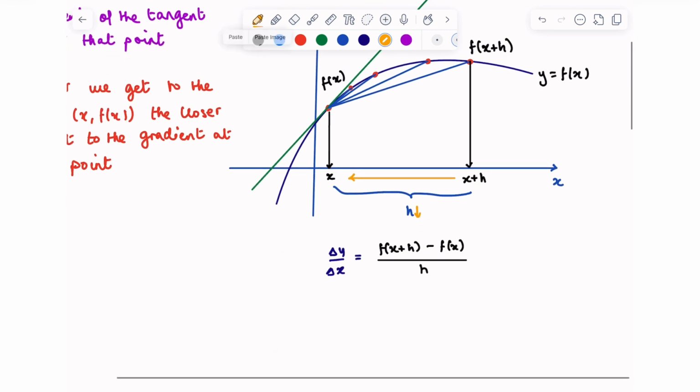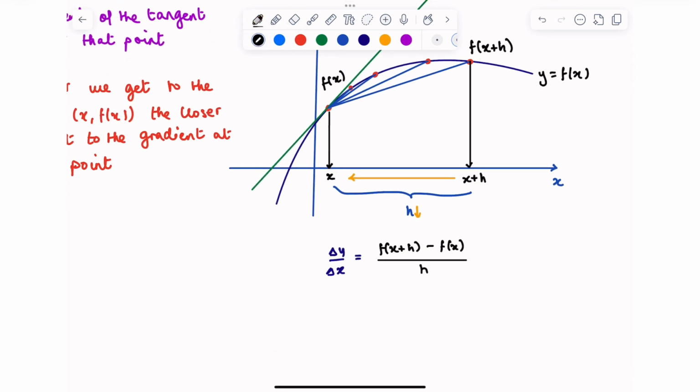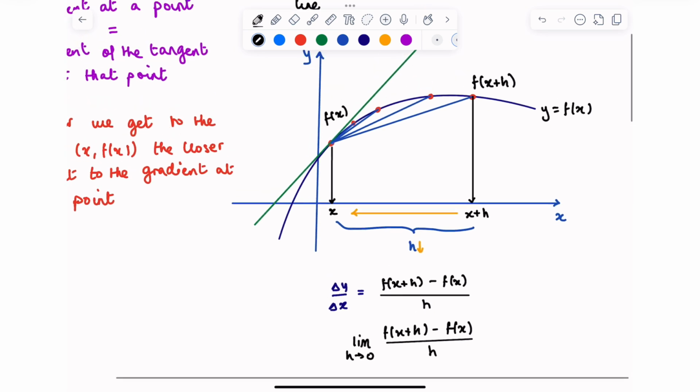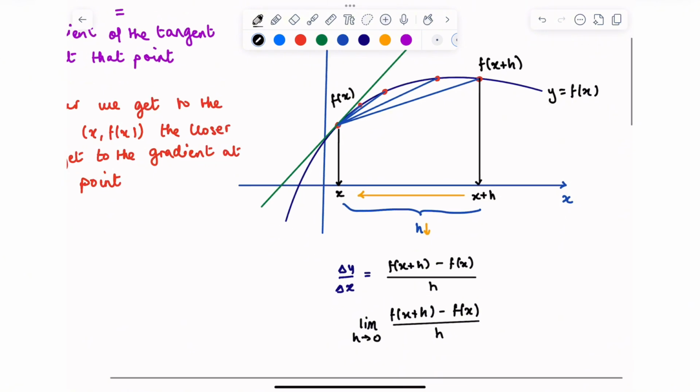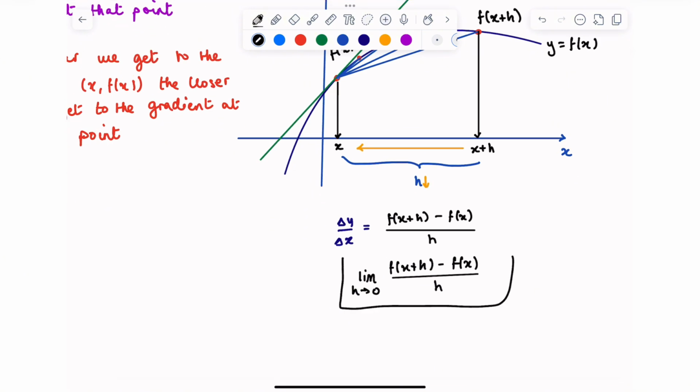And mathematically, that is written like this. It's written like the limit as h goes to 0 of f of x plus h minus f of x all divided by h. So this is how the idea that we just discussed is written mathematically.